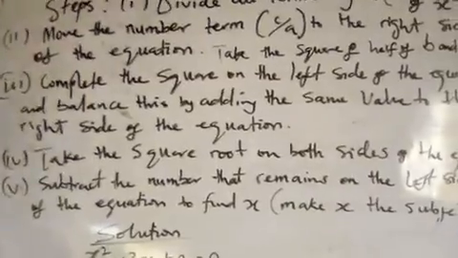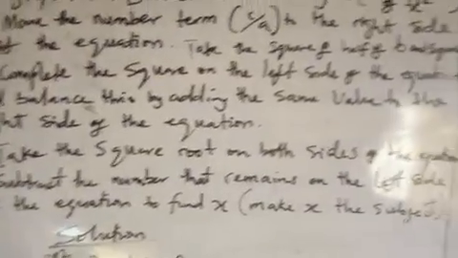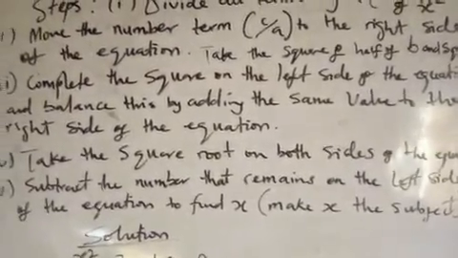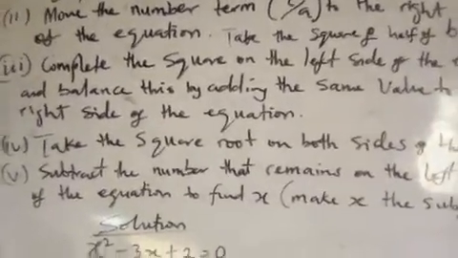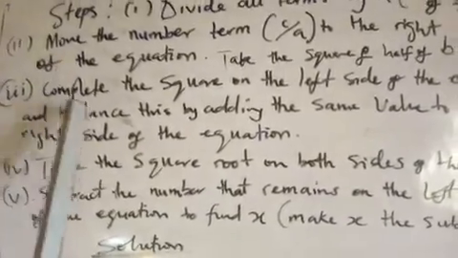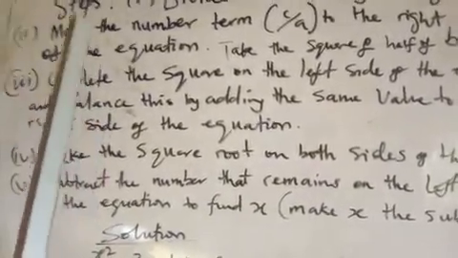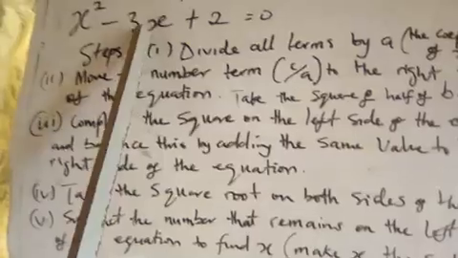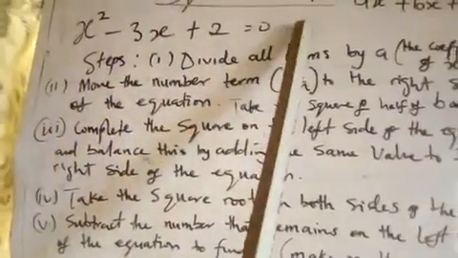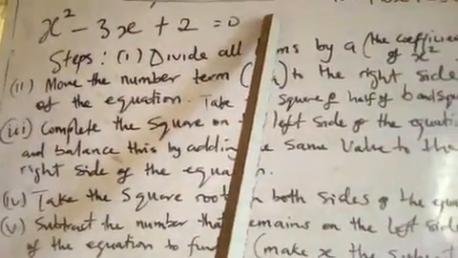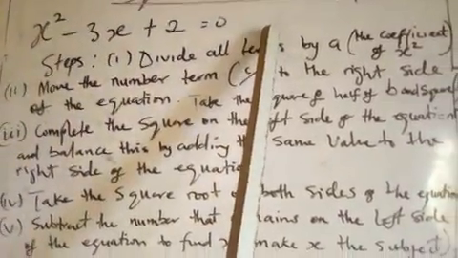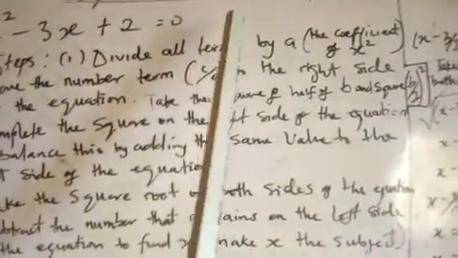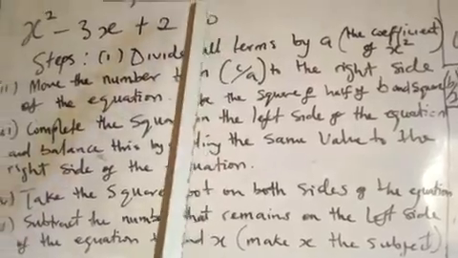You understand? Then you complete the square on the left side of the equation and balance the equation by adding the same value to the right side. So this is where the completing the square is actually done. Whatever you have added to the left hand side, you have to add to the right hand side also, because we have added (b over 2) squared.